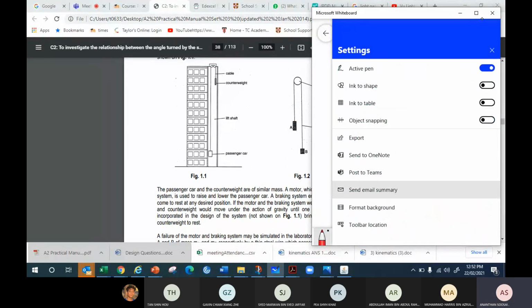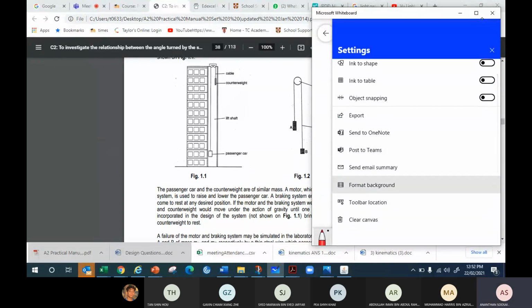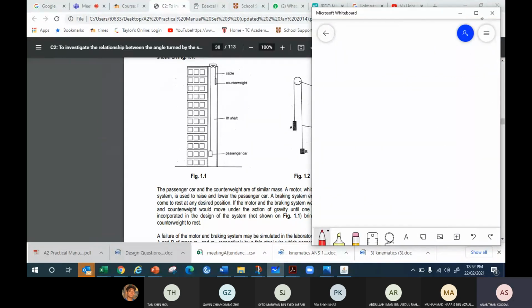Try to have a diagram. You can have a pulley. You can have a mass MB down. You can use a light gate if you want, and we have another light gate at the top here.